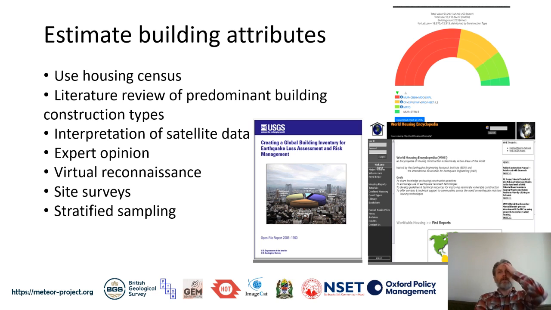For level 3, you want to get much more accurate data. It might do a full literature review on each country to look at the predominant building construction types, a much more detailed interpretation of satellite data where you might manually extract certain areas like downtown business cores and military areas, soliciting expert opinion.